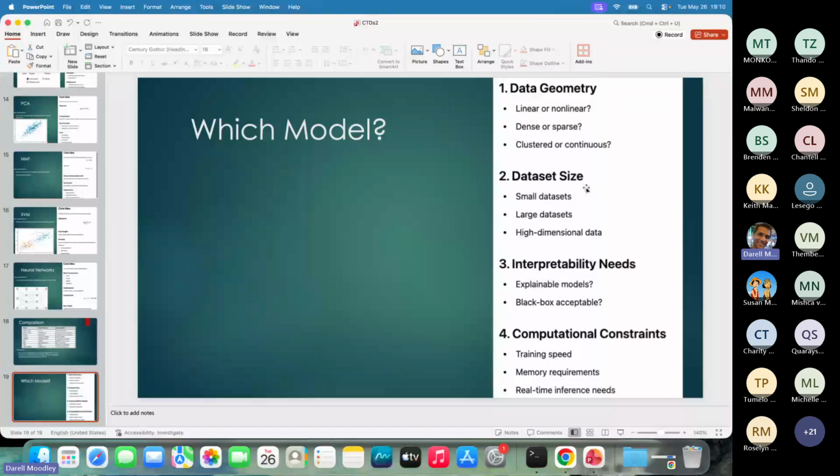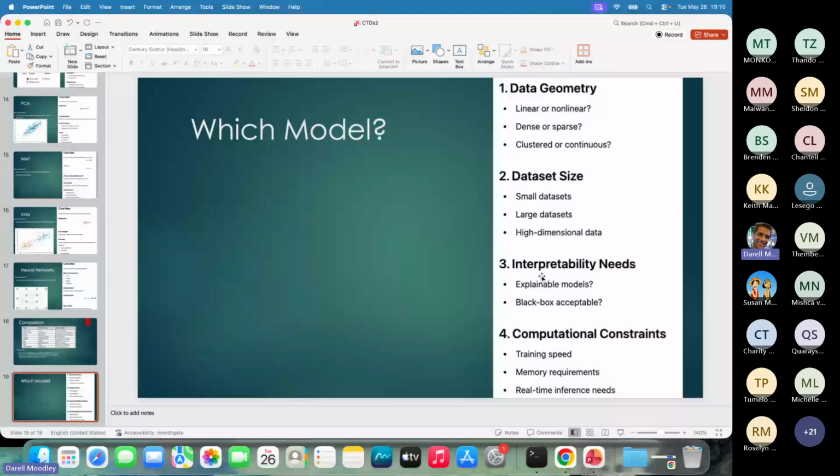There's also other components that you want to look at: is it a small data set or a large data set? Do you have many variables, as in high dimensional data? Some models don't handle high dimensional data very well, so you may want to consider that, right? Some models don't handle small data sets, so you may want to rule them out as well. So familiarize yourself with which models handle small data sets and which models don't handle small data sets.